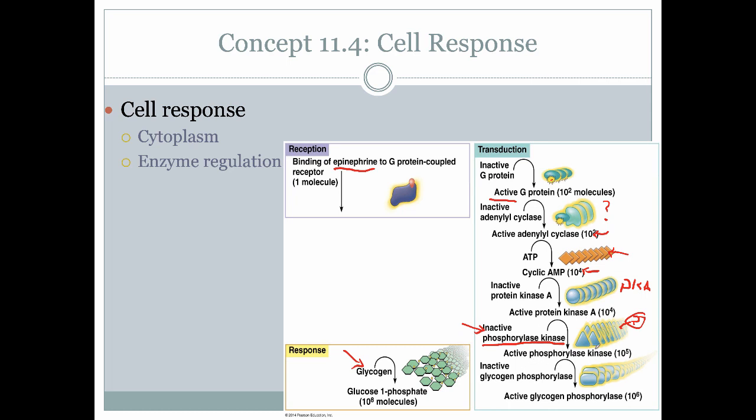Phosphorylase kinase is a kinase, so it's going to phosphorylate something. It'll phosphorylate an enzyme called glycogen phosphorylase. All right, and glycogen phosphorylase will essentially do this reaction. It'll phosphorylate glycogen to make glucose 1-phosphate molecules, which are ready-to-use sugar molecules that can go right into glycolysis and give us energy right away.